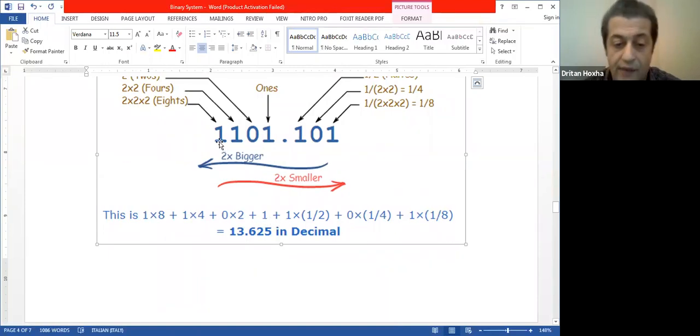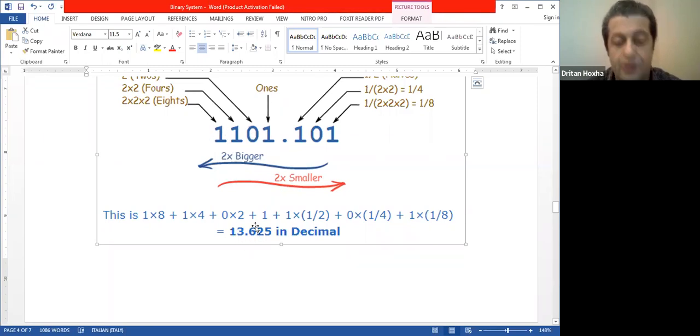So we have 1101, because this is the position of units. We have 1 unit plus 0 twos plus 1 four and 1 eight. 8 plus 4 are 12, plus 0 plus 1 are 13.